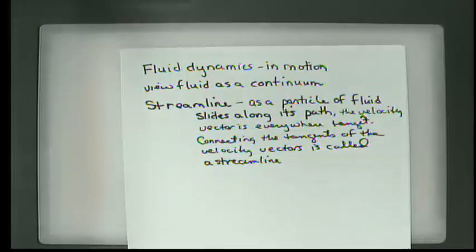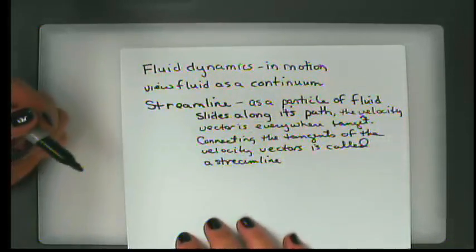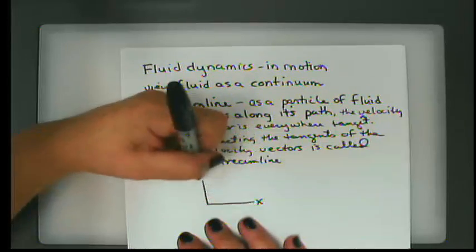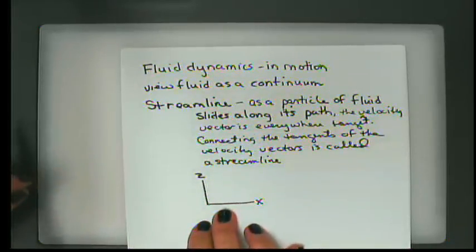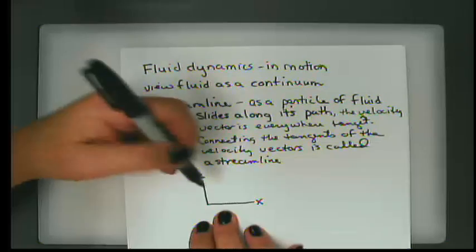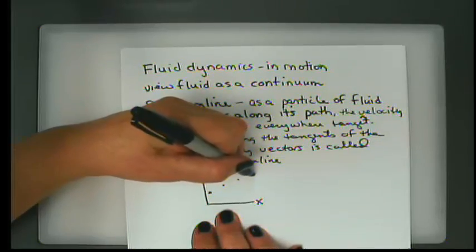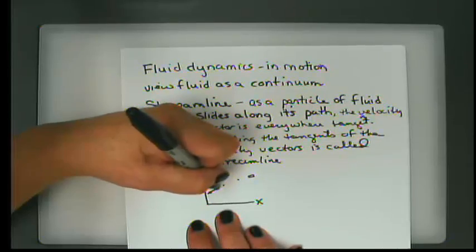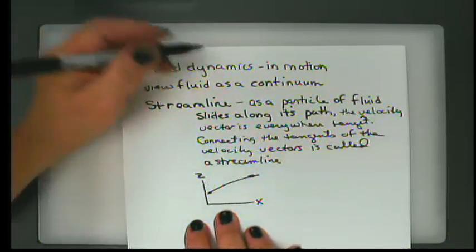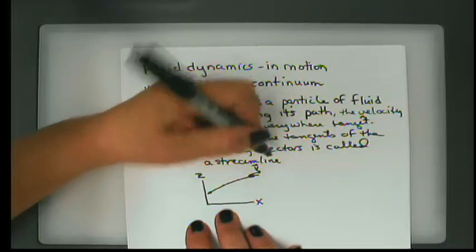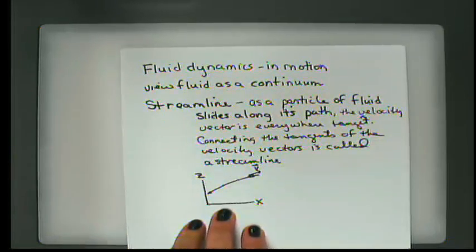All right. So if we have a fluid moving through some two-dimensional situation, let's call our coordinate axes x and z. If we have flow in the xz plane, we can describe a particular particle of fluid, whether we call it a dot or a little differential element, as moving along a particular path. Everywhere along that path, the velocity vector is tangent to that path.